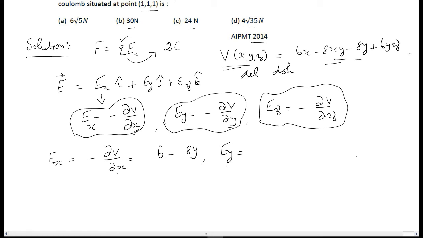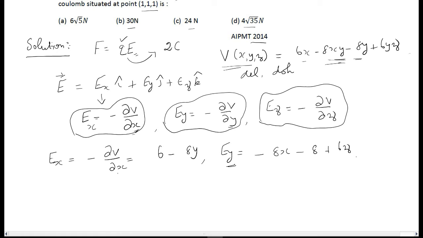For the y component, here you will have to take y as a variable. The 6x is constant, so that will give you 0 on differentiation. Then minus 8x, because y is the only variable and x is constant, so minus 8x. Then minus 8 plus 6z.